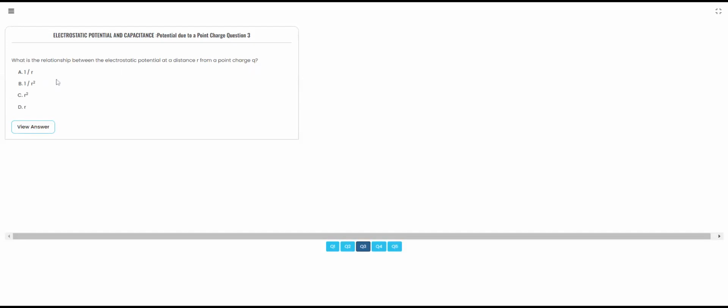The options are 1 over r, 1 over r square, only r square, or r. I repeat, what is the relationship between electrostatic potential at a distance r from a point charge q?